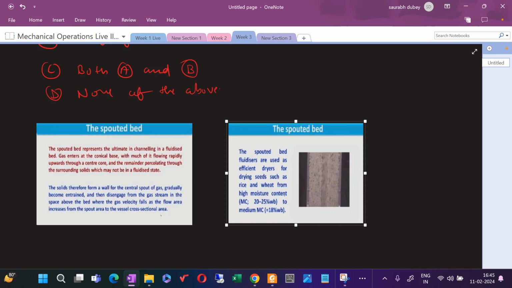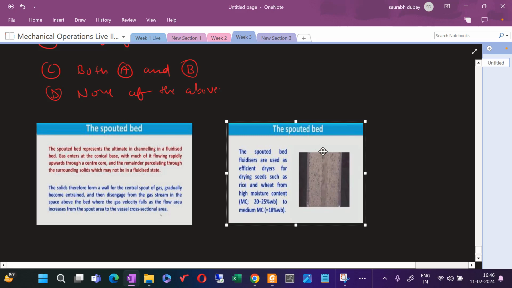The solid forms a wall for the central spout of gas, gradually becomes entrained, and then disengages from the gas stream in the space above the bed, where the gas velocity falls as the flow area increases from the spout area to the vessel cross-sectional area. Spouted bed fertilizers are used as an efficient dryer for drying seeds such as rice and wheat.